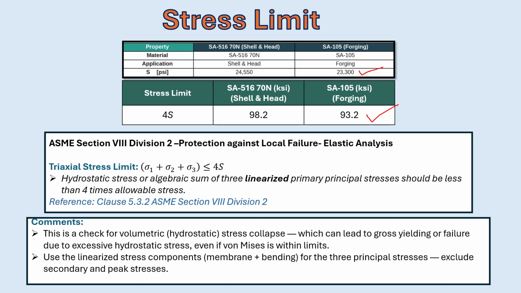It also uses the linearized stress components, membrane plus bending, for the three principal stresses, and excludes secondary and peak stresses. That's why, when performing the elastic local failure check, you don't use total stresses or secondary or peak components. Instead, you linearize along an SCL and take the primary membrane plus bending values for the three principal stresses, then check the stress limit criteria.